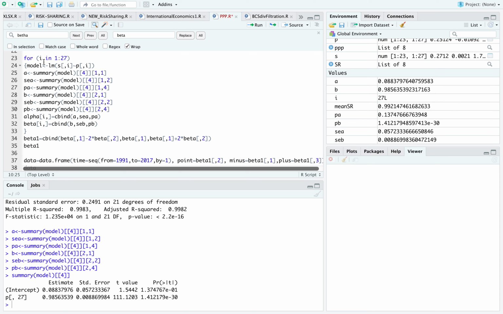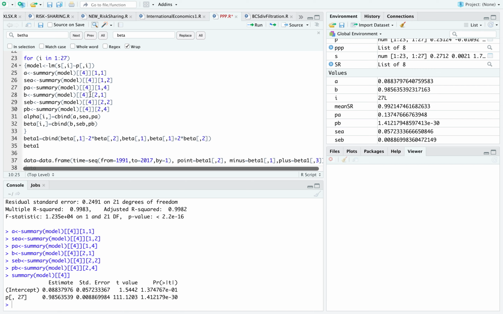in the first loop. The code is telling it to put 1 instead of I over here, and over here, and everywhere here, until the end of the loop. Then it repeats the same thing, but now it substitutes 2, 2. This way I estimated 27 models.